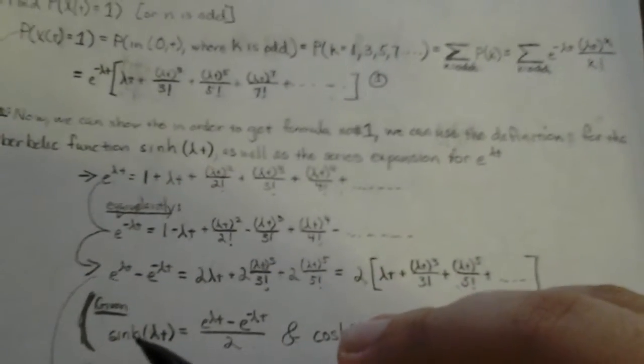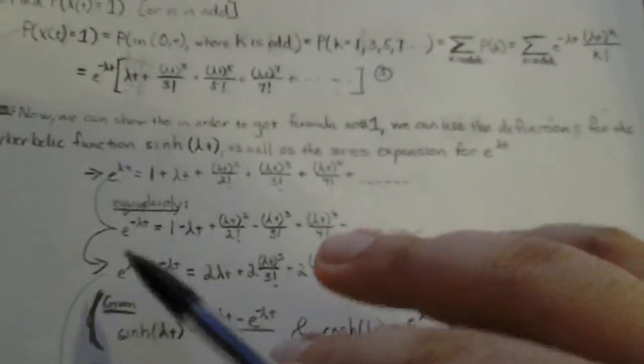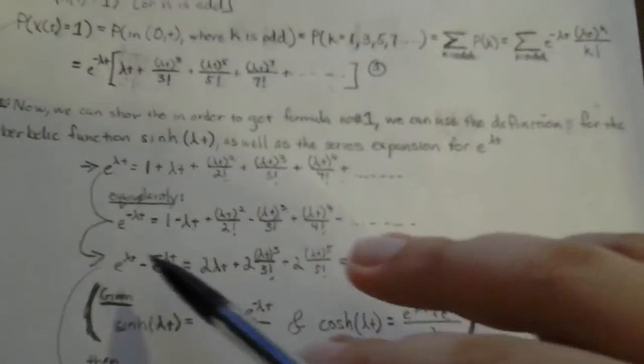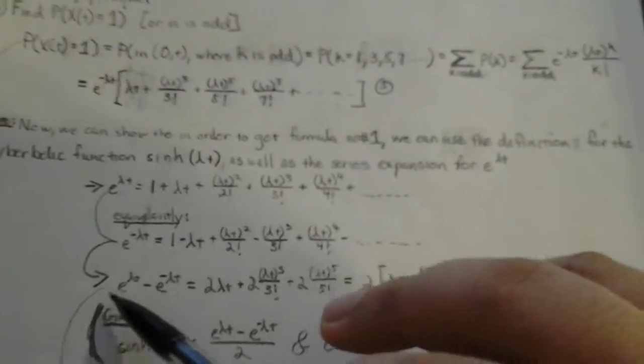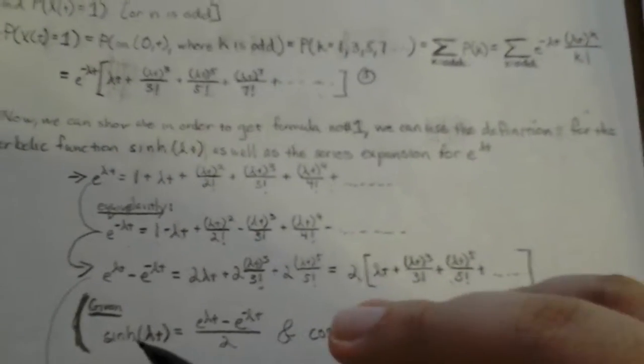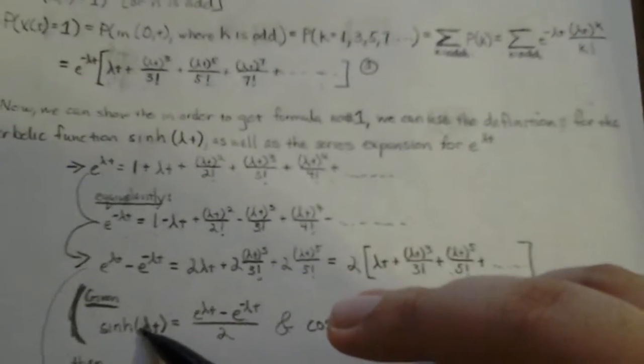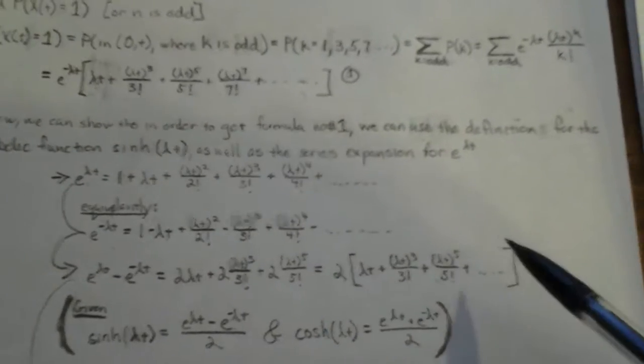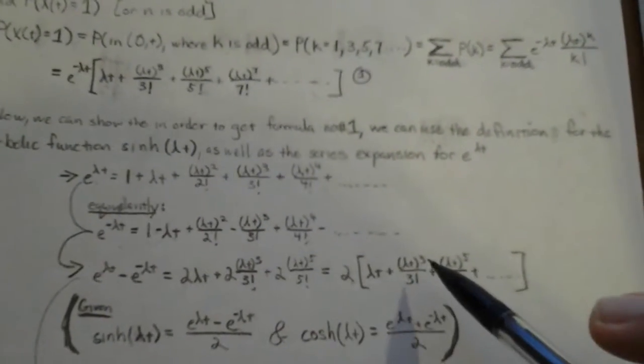Now, we know by definition that the hyperbolic function is defined like this. It's defined by this term divided by 2, which if we bring this over here, I just didn't write it out, but the hyperbolic function is defined by this term. So basically, the hyperbolic sine of lambda t is equal to this, right here.